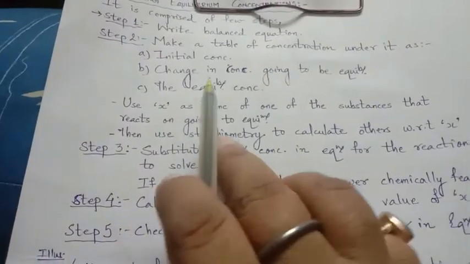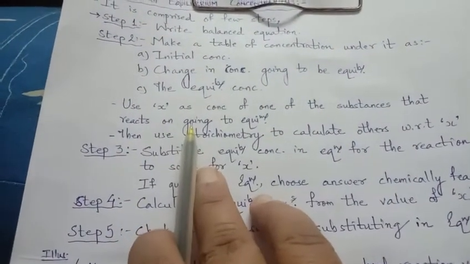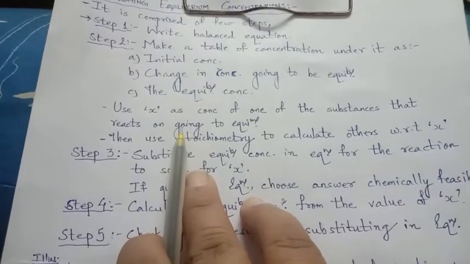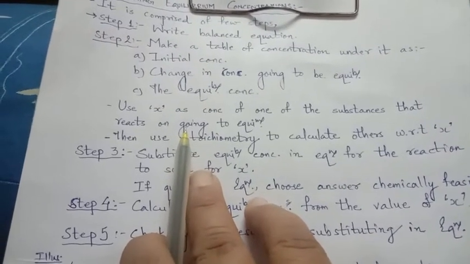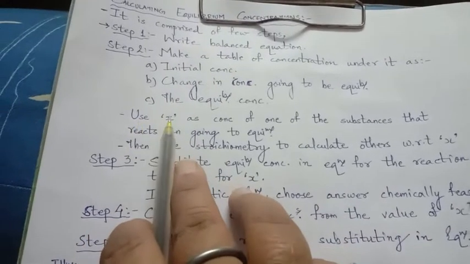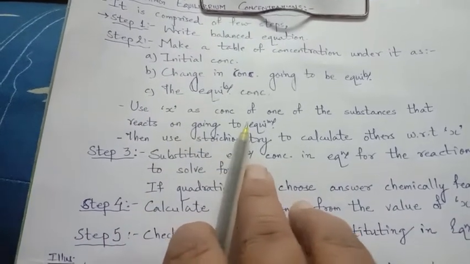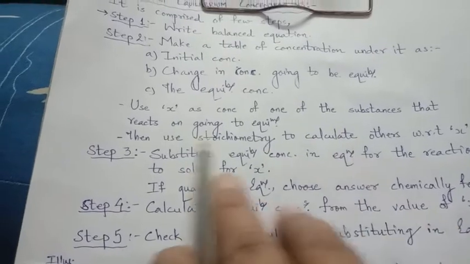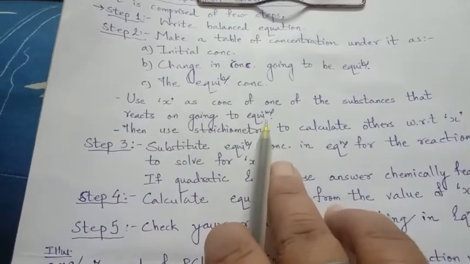Now, to mention the initial concentration, we would be given some concentration, but for equilibrium concentration, we use a known variable, that is X, as the concentration of one of the substances that reacts on going to equilibrium.